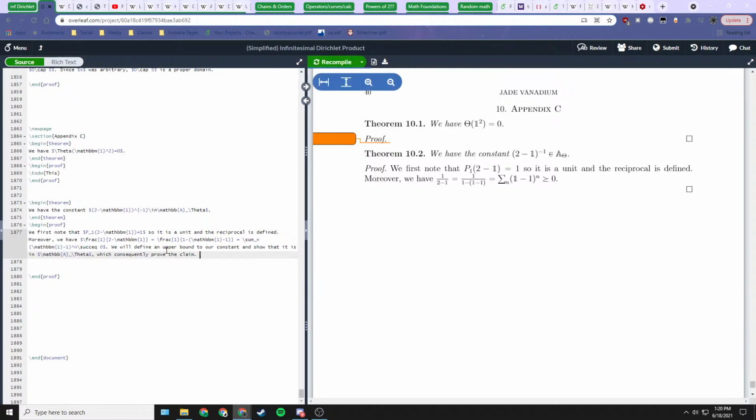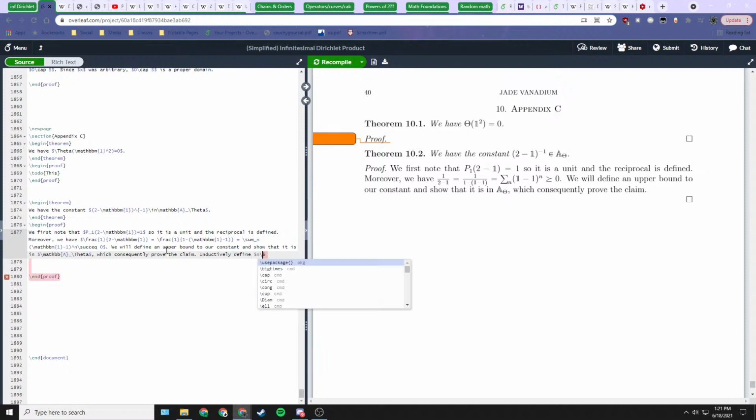So we'll inductively define B in A as follows.